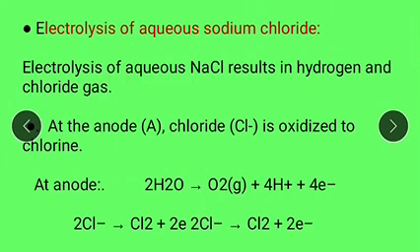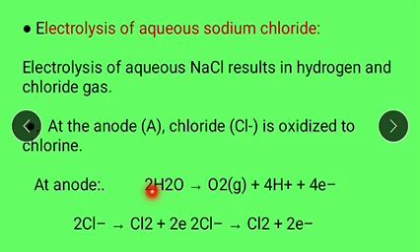Okay, here once again we have to see the equations in the electrolysis of aqueous sodium chloride. At the anode, the chloride ions are oxidized to chlorine. These chloride ions give up their electrons and convert to Cl2 gas.